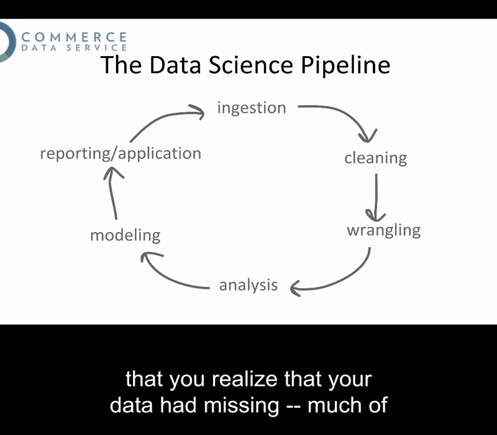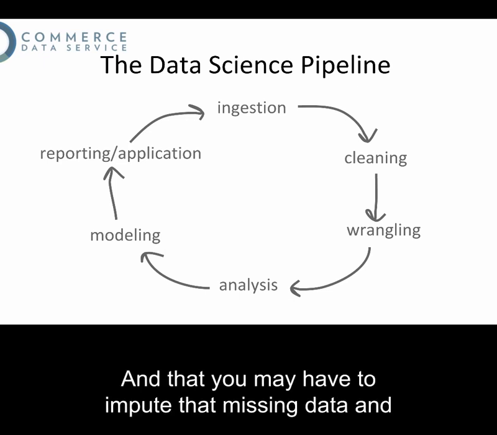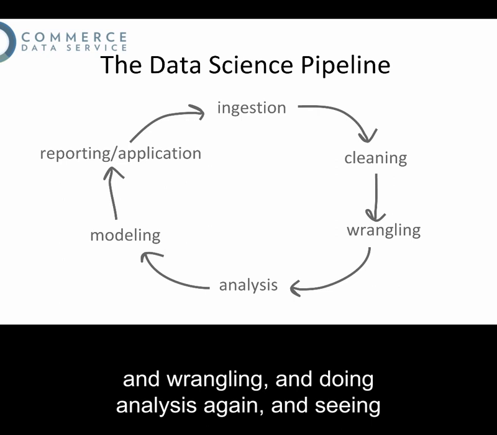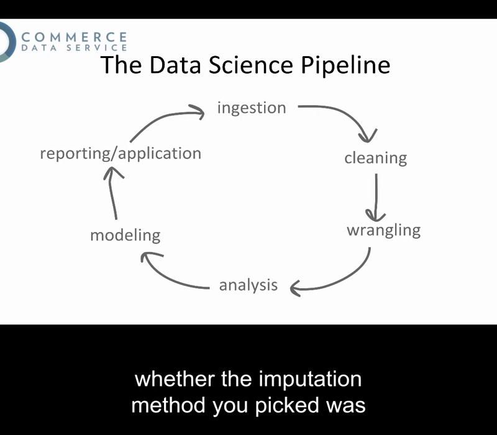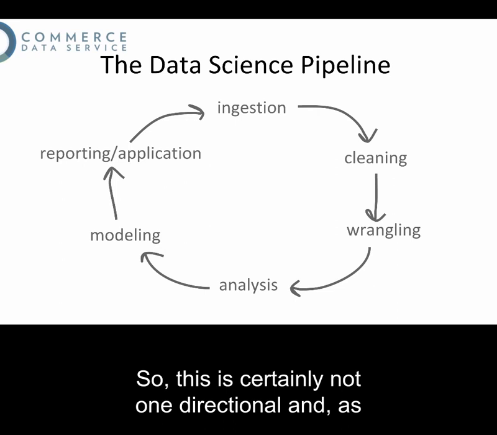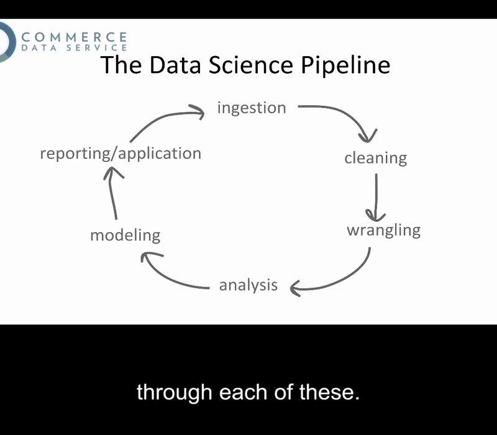And as you do that, you realize that a bunch of the variables that you would like to cluster on have missing data, and that you may have to impute that missing data, and that might force you to go back to that cleaning step and wrangling and doing analysis again and seeing whether the imputation method you picked was appropriate for the modeling method that you've picked. So this is certainly not one-directional, and as you'll see, analysis plays a step as you are going through each of these.